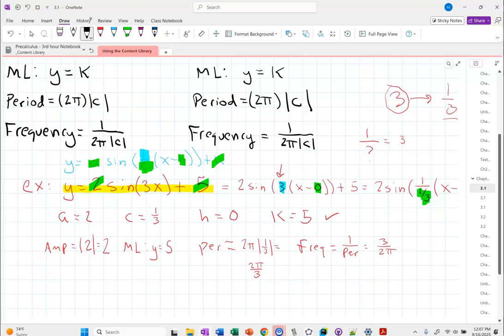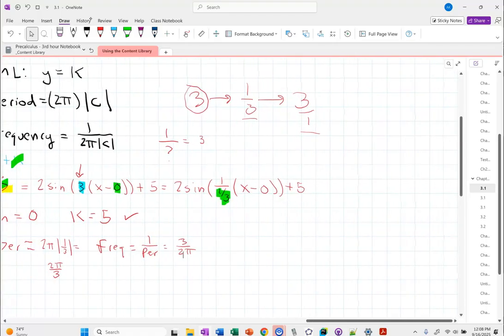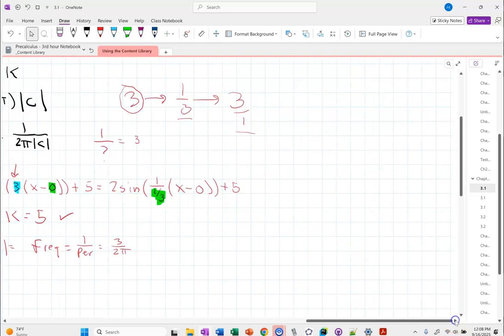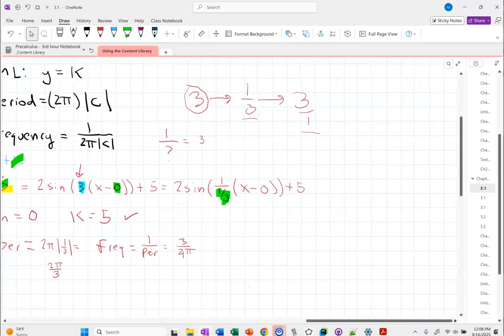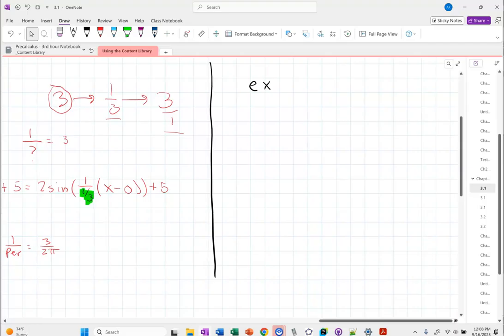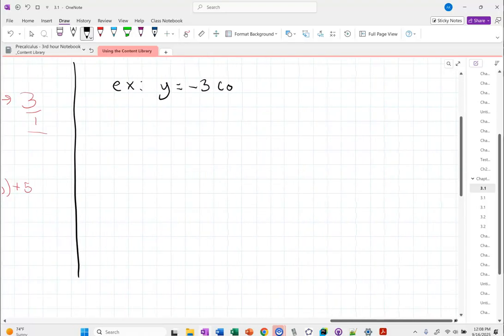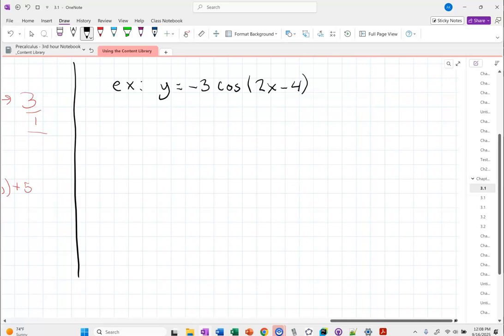Is everybody ready for the next example? Okay. After we do some examples of going in this direction, Lily, what's up?